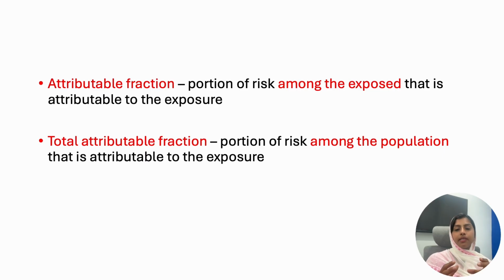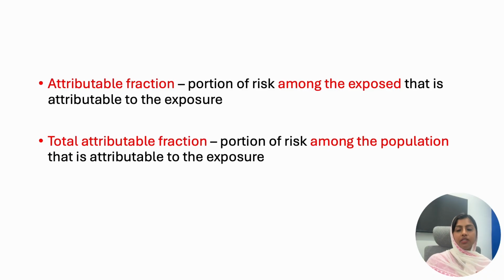It basically determines the differences. The main difference is that in one it's among a group of subjects and in the other it's among the population. For example, you say there are 100 cases of lung cancer, and in that, how much can be attributed to the smokers. Then we have the risk among, for example, the population.